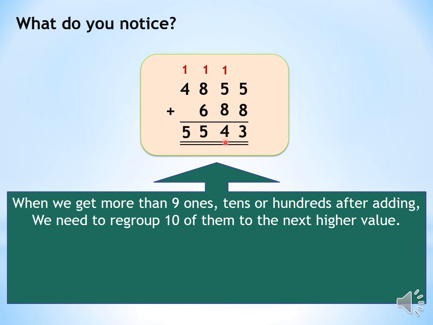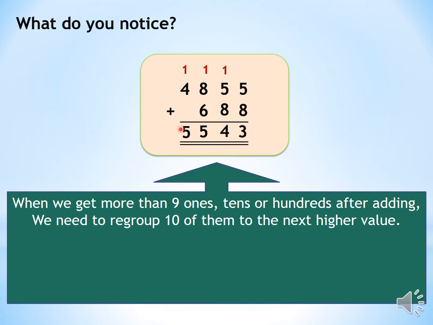But did we keep 14? No. Then we regroup that one in the hundreds place. And by adding those hundreds, we got 15 hundreds. Did we keep all the 15 hundreds there? No. We regroup 1 in the thousands place.